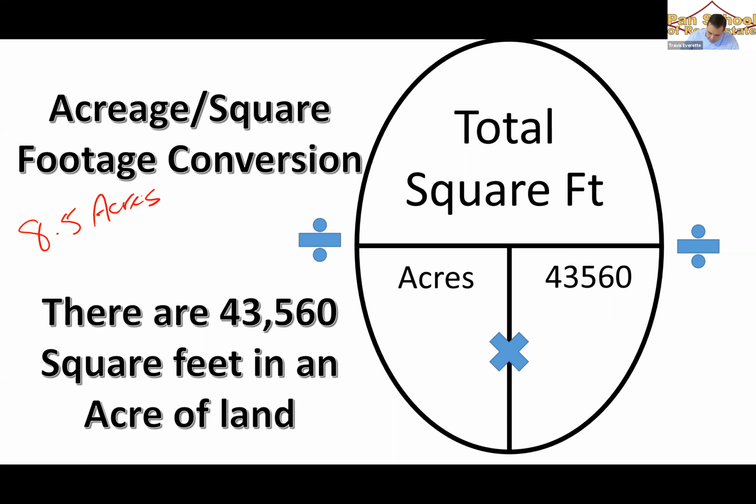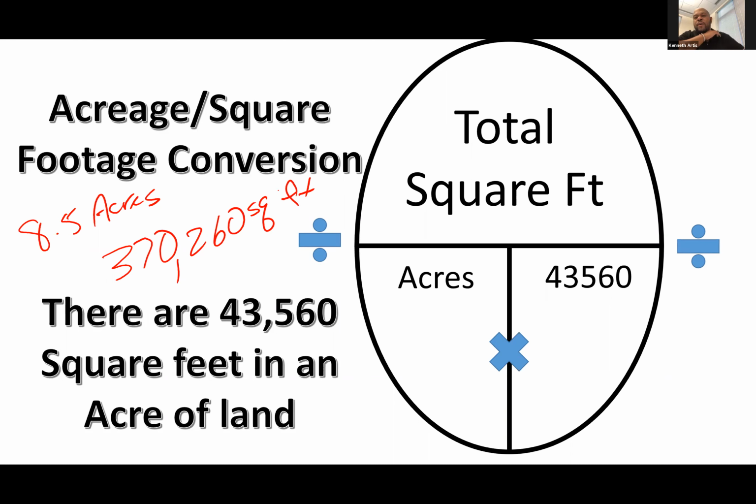Well, you could say, actually, what we're selling is 370,260 square feet, or we're selling 8.5 acres. Which one is going to be easier to market and convey to people? 8.5 acres. That's why we need to be able to do this conversion, because square footage numbers get to be just way too big to deal with.